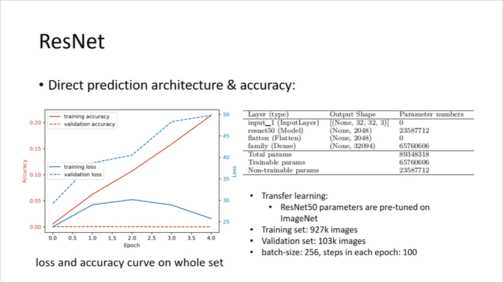But according to the training curve on the left, we can see that though the training accuracy keeps going up, the validation accuracy remains almost zero. So it is not satisfying to use this model to predict the category ID directly.